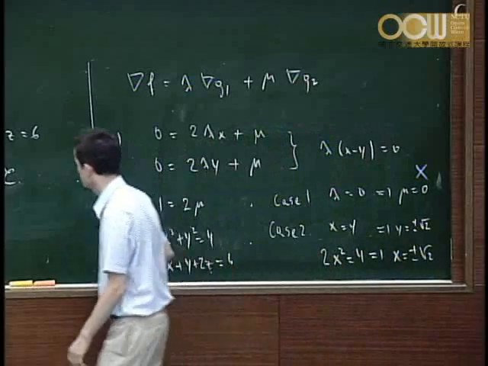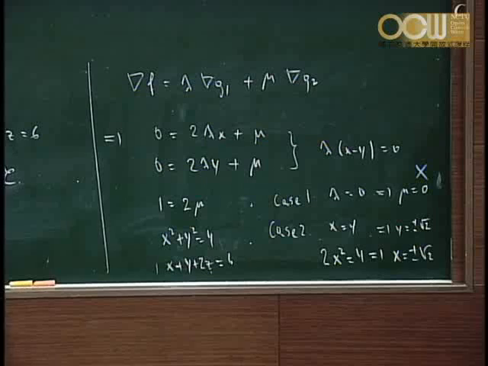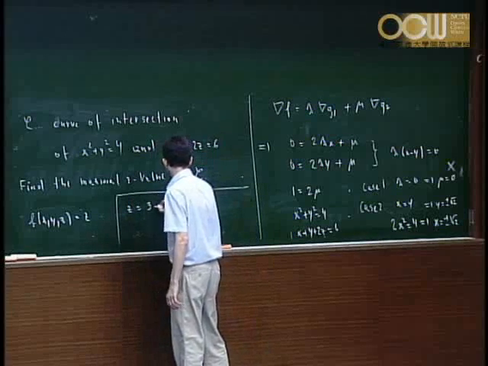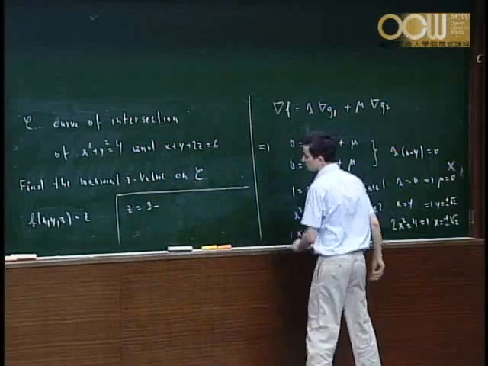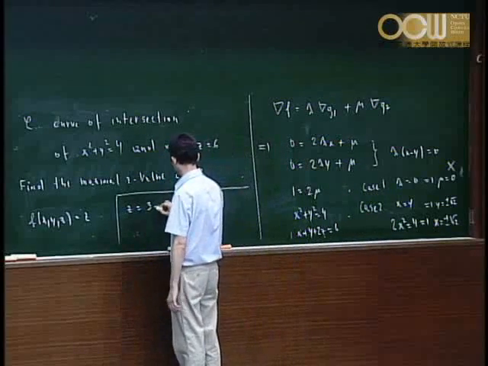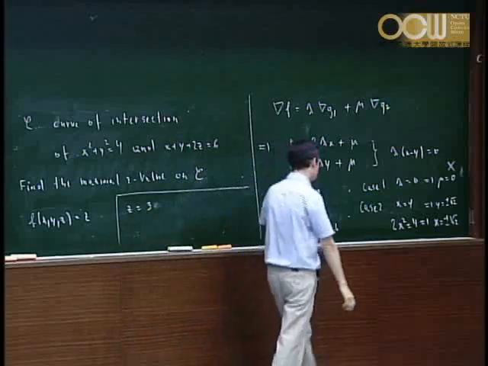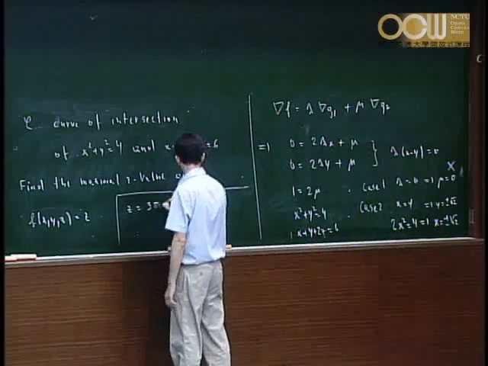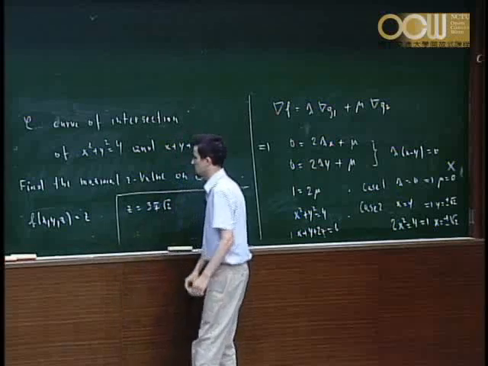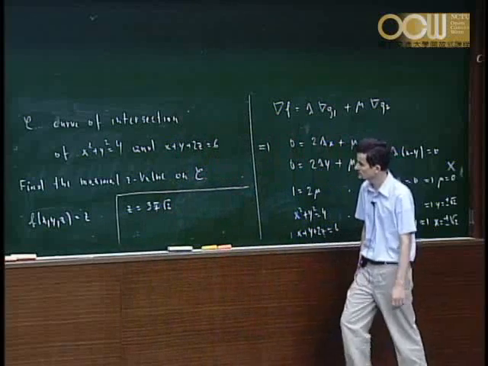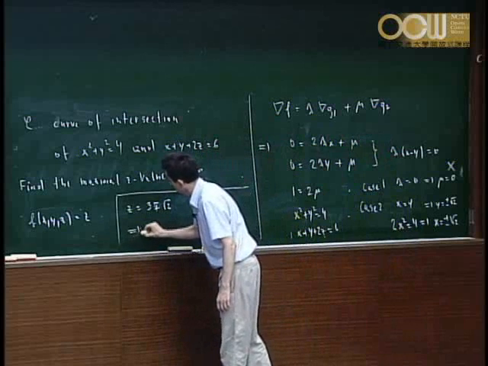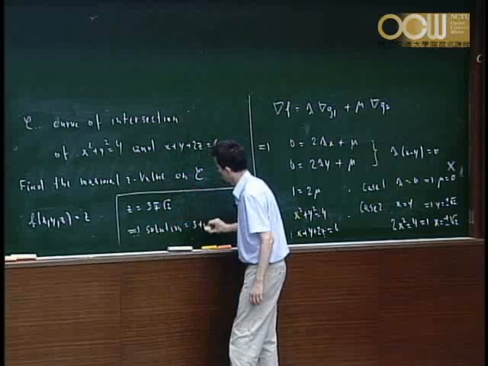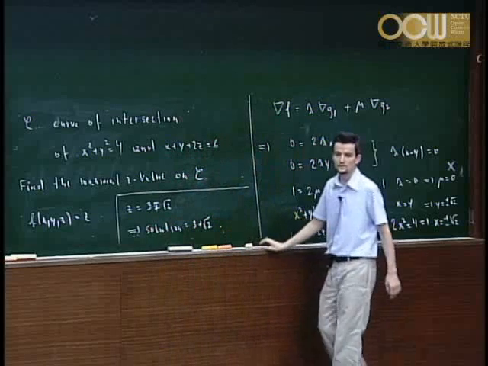Okay, so z is equal to 3 minus, so they are the same, so plus minus. If you have here plus, then what you get here is minus square root of 2, and you have plus. Okay, so the solution is given by 3 plus square root of 2.